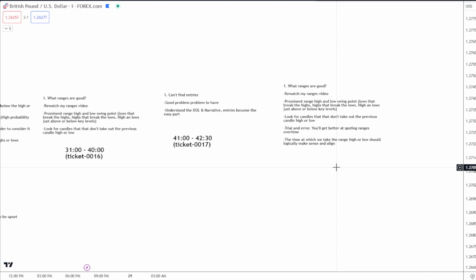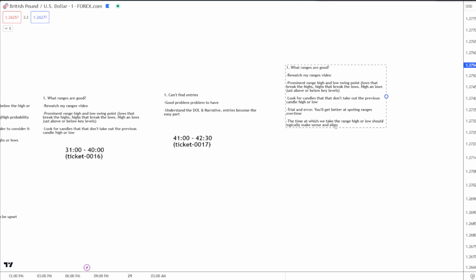You don't want to be taking the high or low at a random time. If we're taking the high or low at a manipulation, the open low or open high, which is the manipulation time, then that gives you more confidence that your range should be good. That's how you know what a good range is.